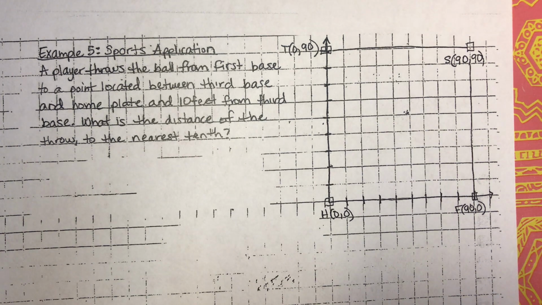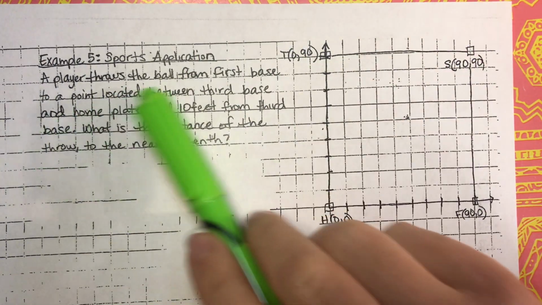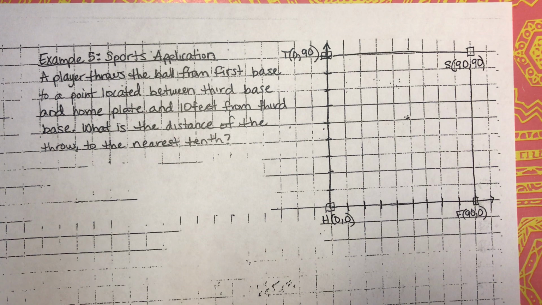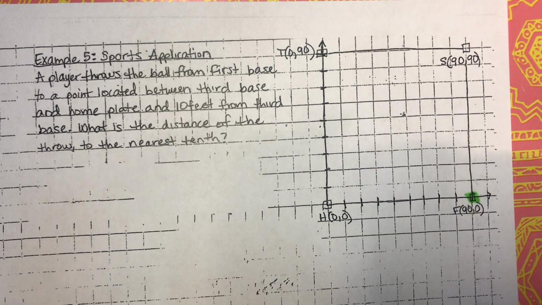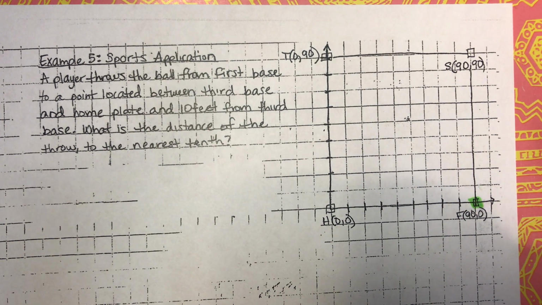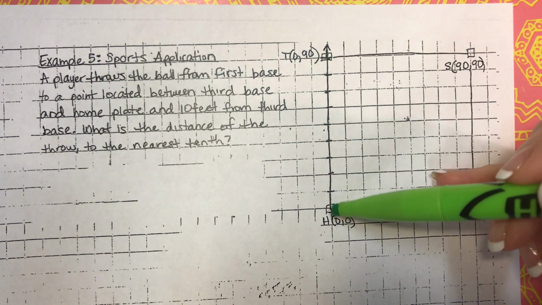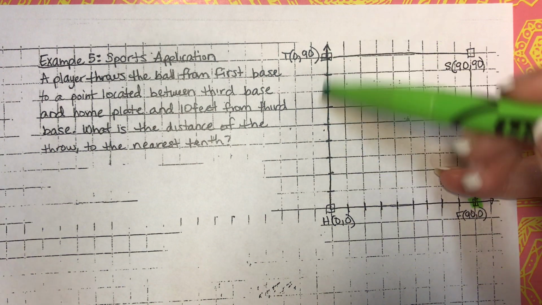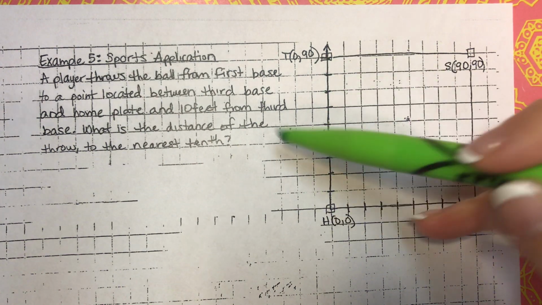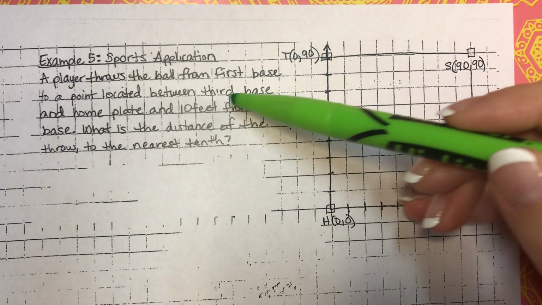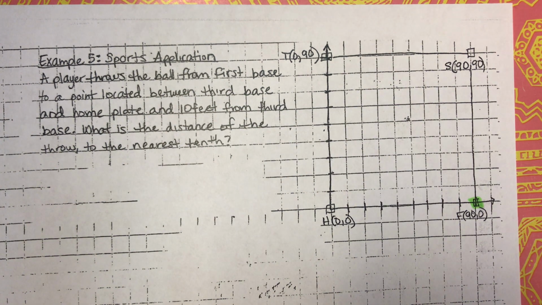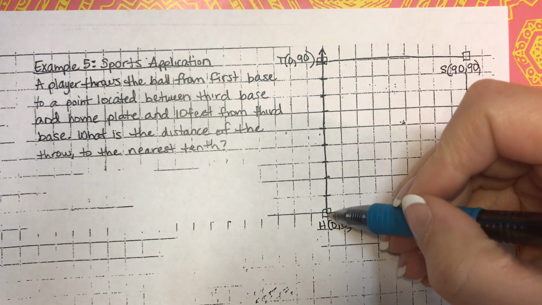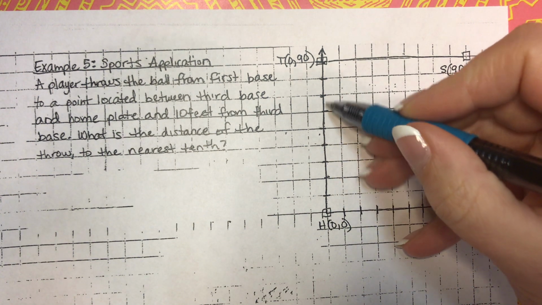Now let's look at what this says. A player throws a ball from first base, so from here, this is where the ball is, to a point located between third base and home plate. It says it's 10 feet from third base. So if it's 10 feet from third base, that's 10, 20, 30, 40, 50, 60, 70, 80, 90.